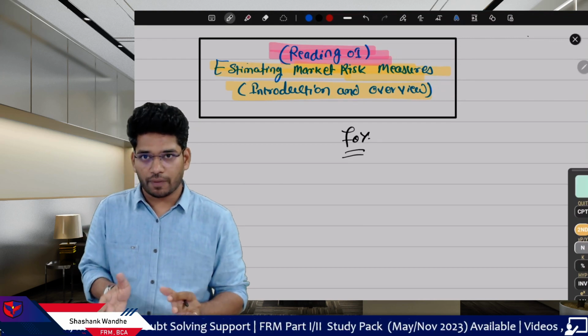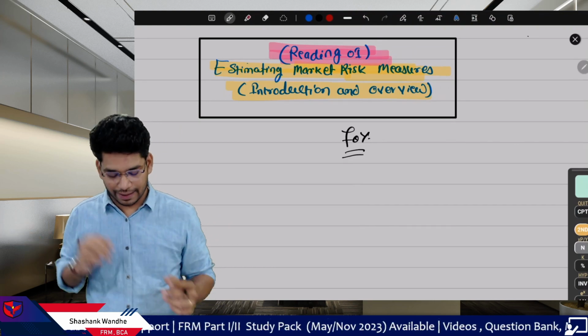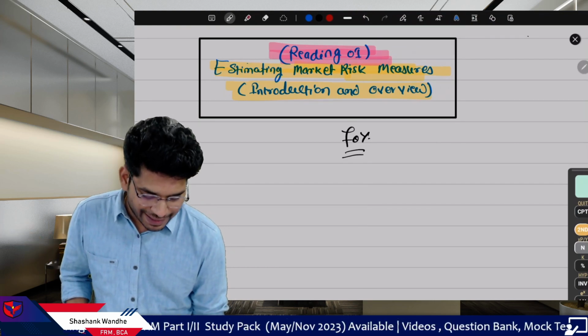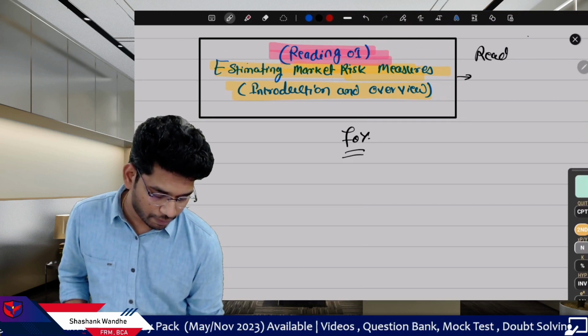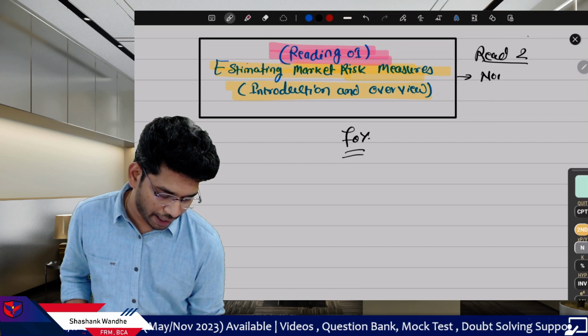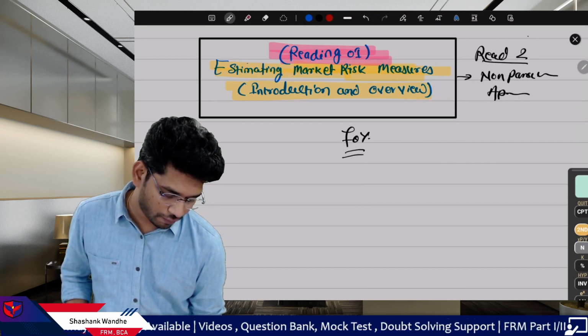Now from this reading, you will get approximately 3 to 4 questions in the exam based on past examinations. This reading plus reading number 2, which is on non-parametric approaches for value at risk.